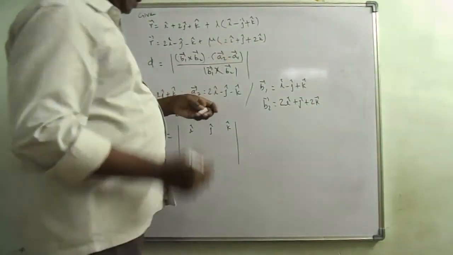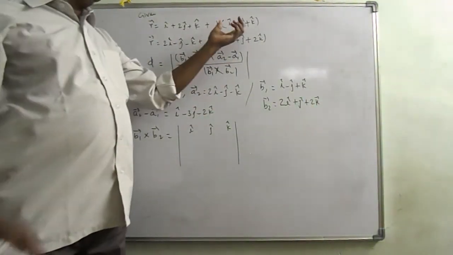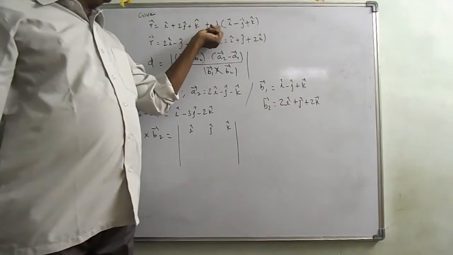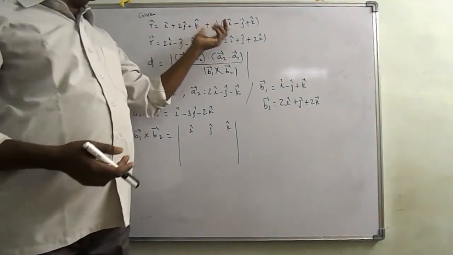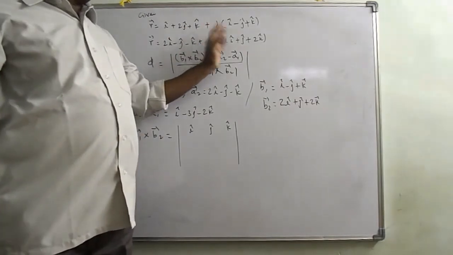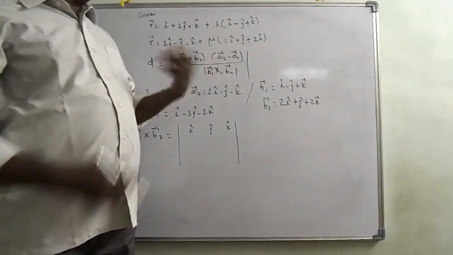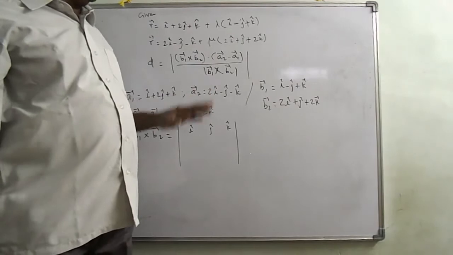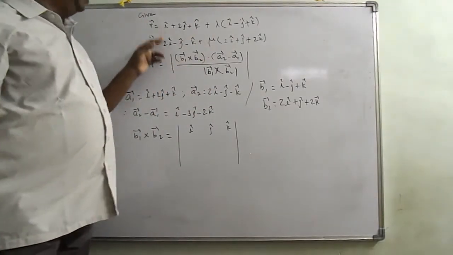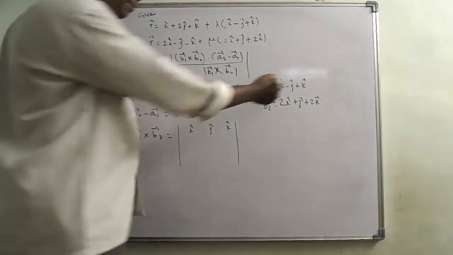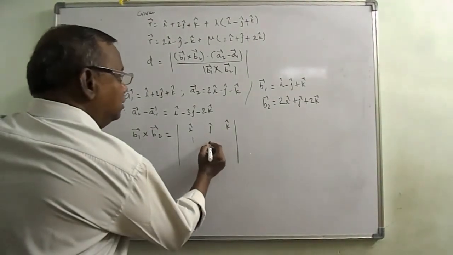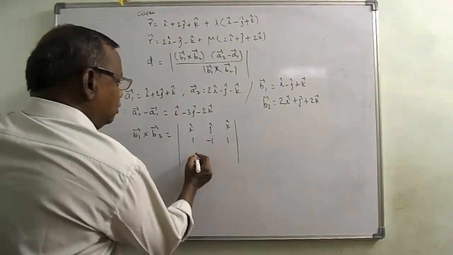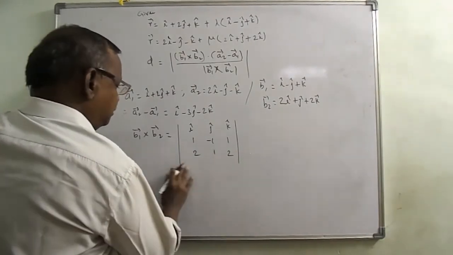We have to consider b vector, or b1 vector, b2 vector, with the scalars. Whether it is with lambda or with mu, or any scalar, the vector along with it should be the b vector. If there is more than one line, we can take b1, b2, b3. So the ones with the scalar are the b vectors. Now b1, b2. Writing the components of b1 and b2: 1, minus 1, 1; 2, 1, 2.